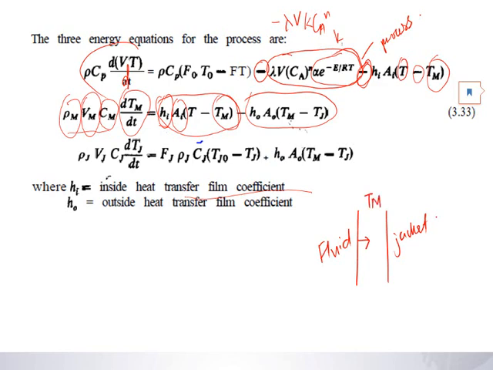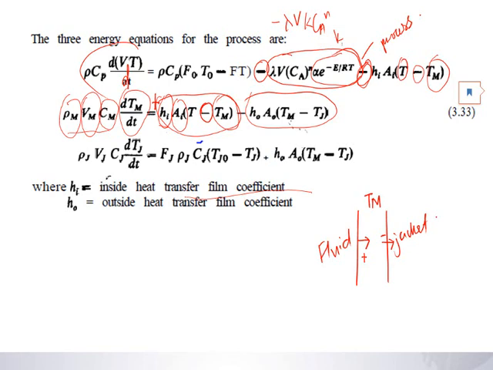And in here, heat is dissipated. So when this is received, this is plus. When this is dissipated, this is minus. That's why you have plus here and you have minus there. Okay, you don't have to remember the equation. Just understand the concept. That's all you have to do.